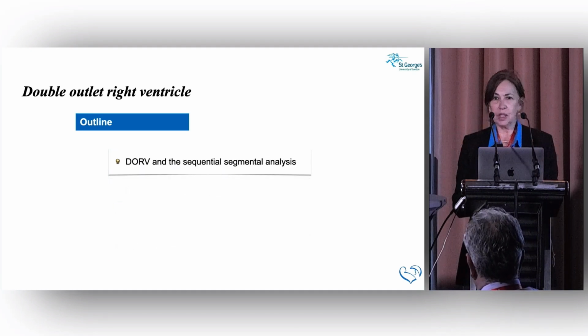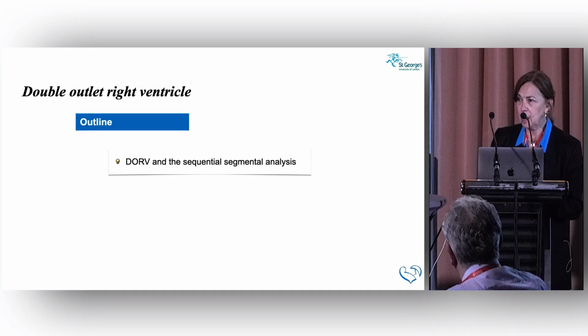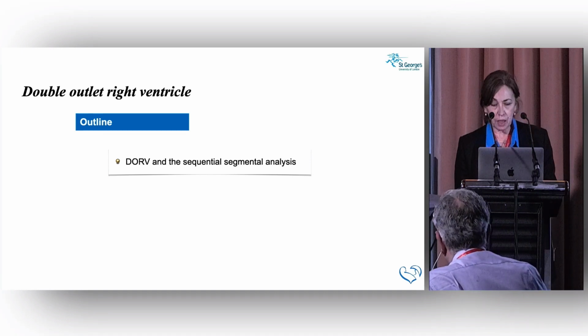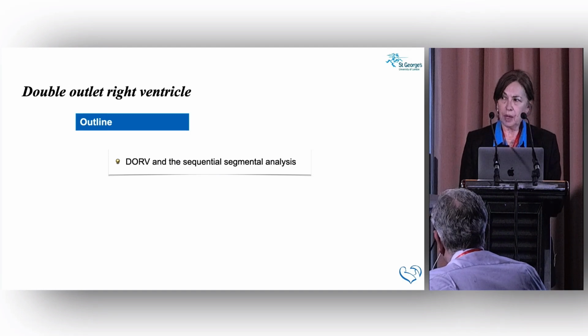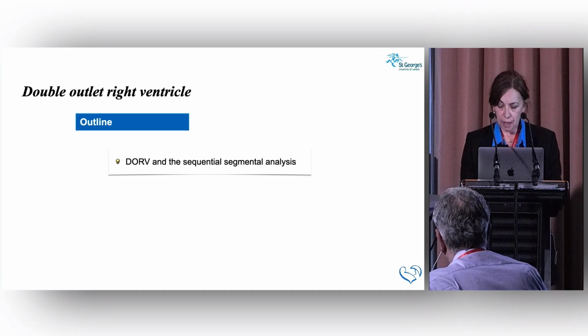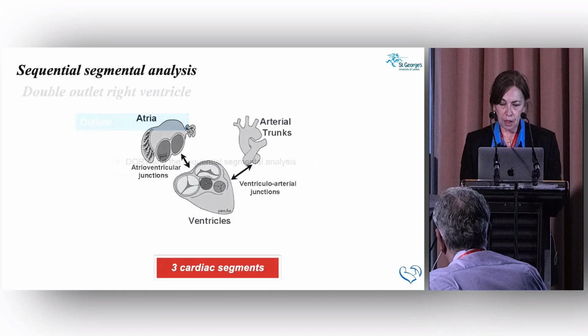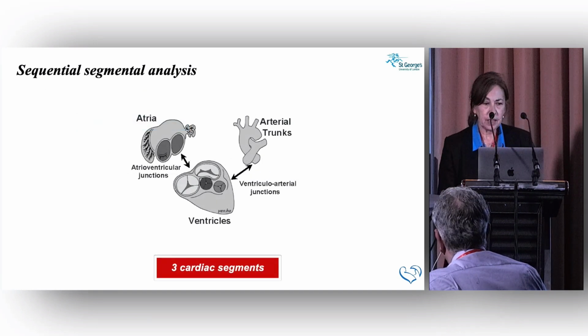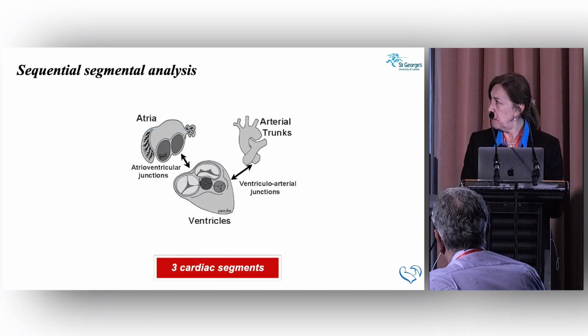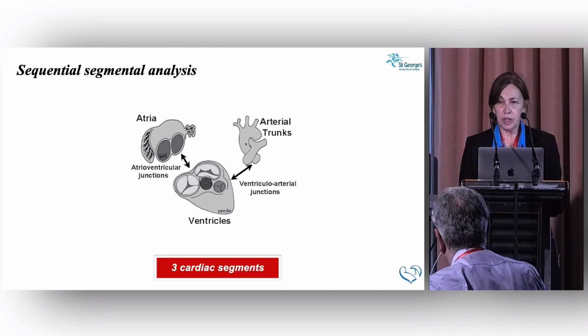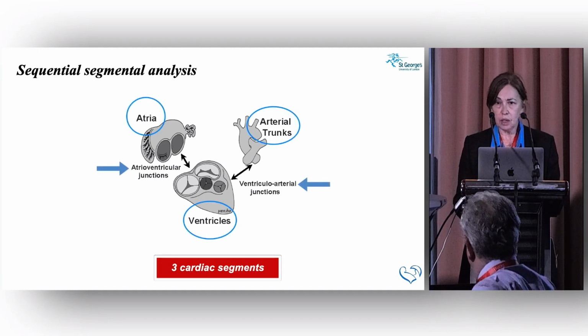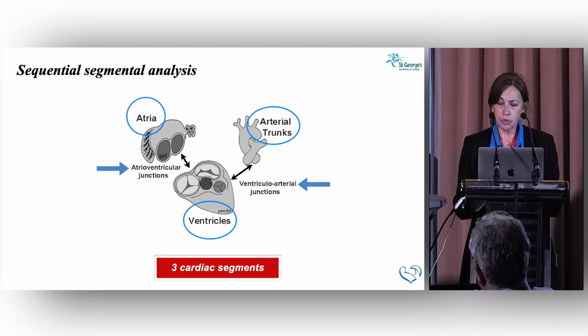So if we start with the sequential segmental analysis, and I hope you all are more or less familiar with that, which is an important method to describe heart abnormalities, particularly if they come into the complex group. We know that the heart has three main segments: the atria, the ventricles, and the arterial trunks, and these are connected at the atrioventricular junction and the ventricular-arterial junction.